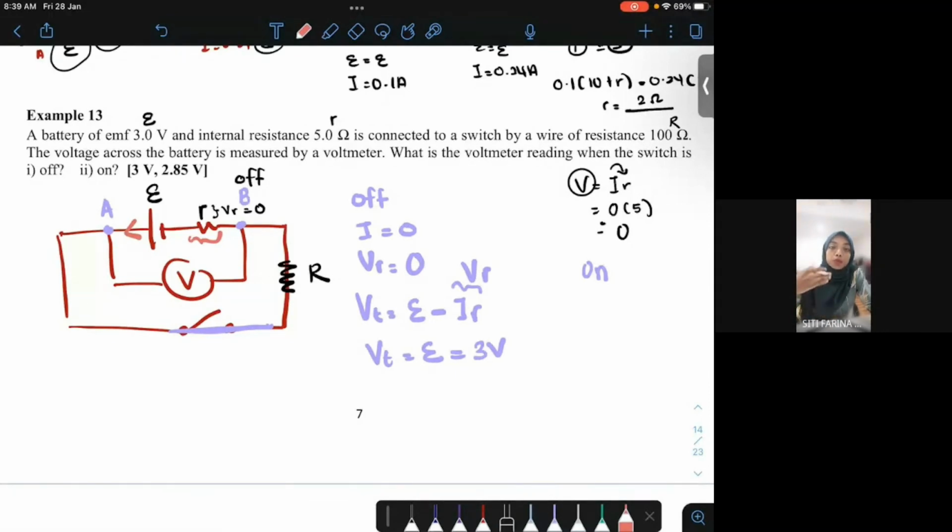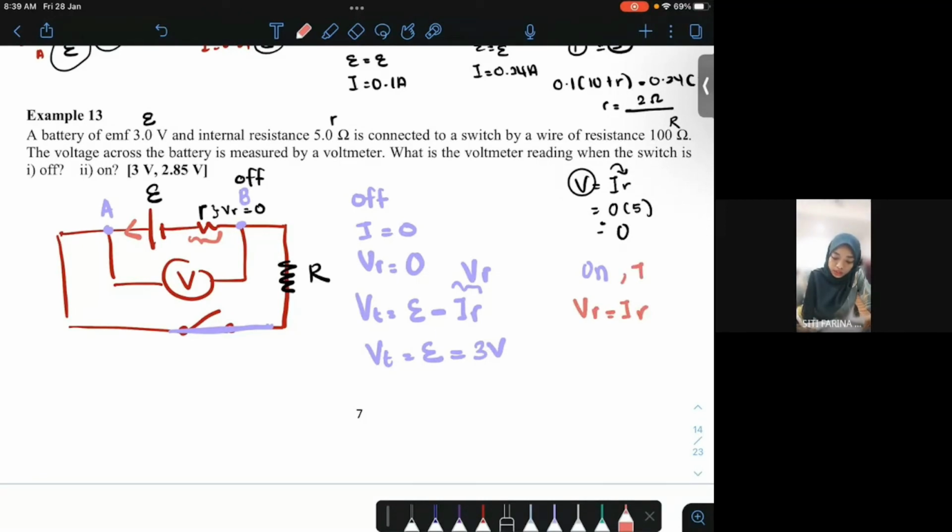So bila dalam proses nak overcome rintangan itu, dia akan ada drop in the potential across internal resistance yang kita known sebagai IR. So bila current yang keluar ni, yang sepatutnya keluar, lalu internal resistance ini, kita akan ada drop in the potential. So kita akan ada VR sekarang sama dengan I, R kecil. So kena cari I dulu.